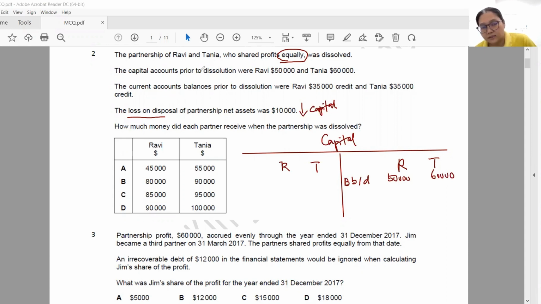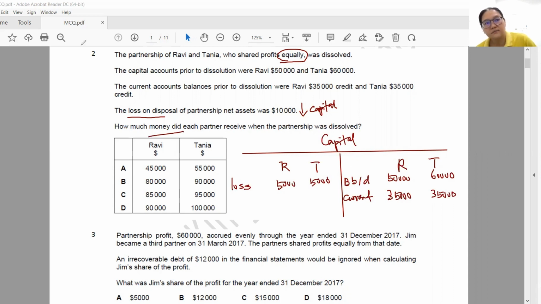When the partnership is dissolved, we have to close the current account and transfer to the capital. So here will be 35,000, 35,000. Next, the loss: because profit is shared equally, the loss will be on the debit side. Shared equally is 5,000, 5,000.